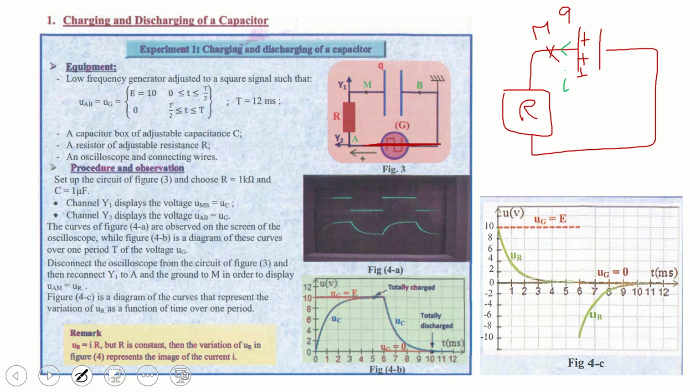Since now the current is not entering the positive plate of the capacitor, it's leaving the positive plate of the capacitor, since during discharge, the capacitor is the electrical component that plays the role of the generator of current through the circuit or through the resistor.